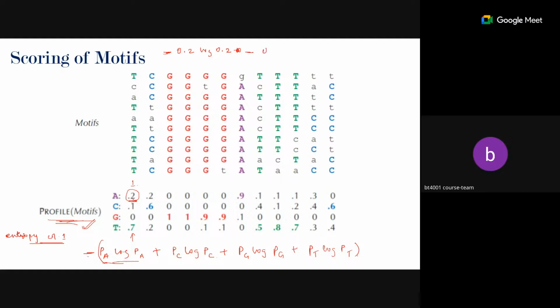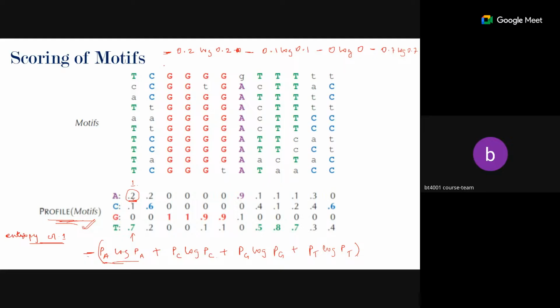So we have 0.1 times logarithm of 0.1, minus 0 times logarithm of 0, because probability of G at position number 1 is 0. We have 0 times logarithm of 0. Then we have minus probability of T, which is 0.7 at position number 1. So we have 0.7 times log of 0.7.